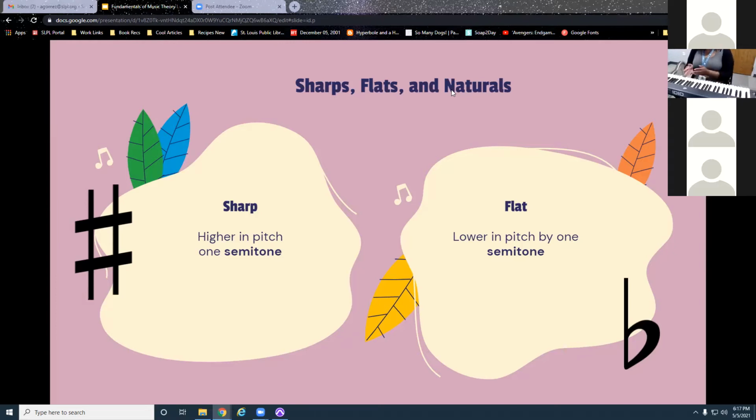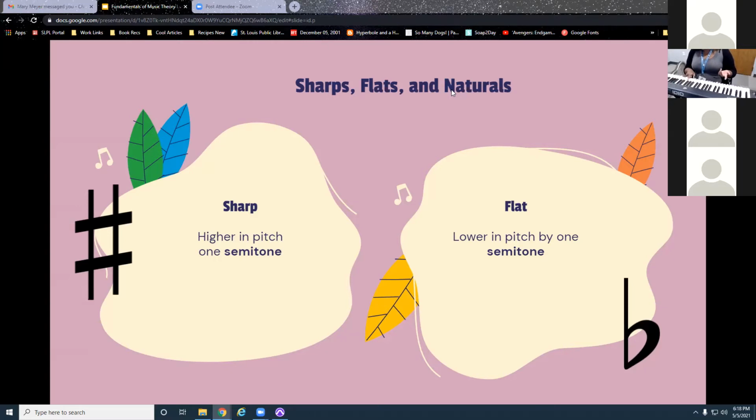But take our center point as C. If we raise it in pitch one semitone, which will be an adjacent key, so C to B, that's raising it one semitone. That's a sharp. So B natural, another name for B natural would be C flat. And flat is the little b symbol you see there in the corner.